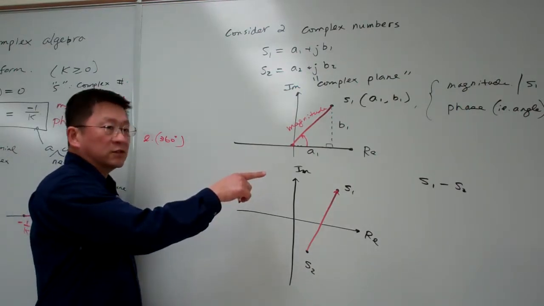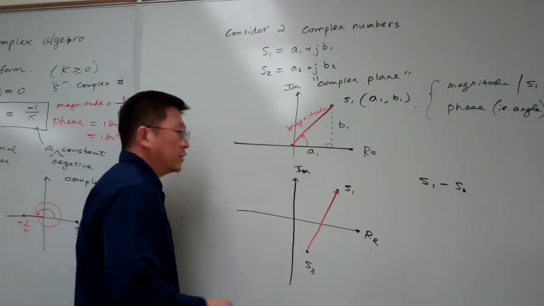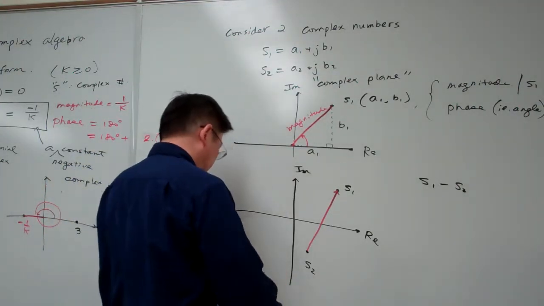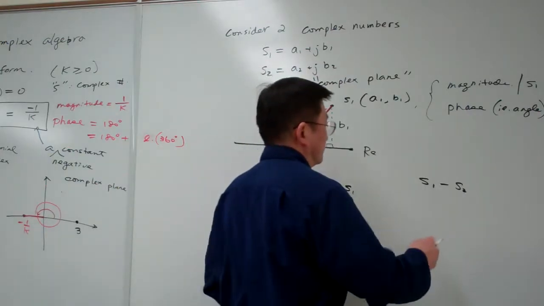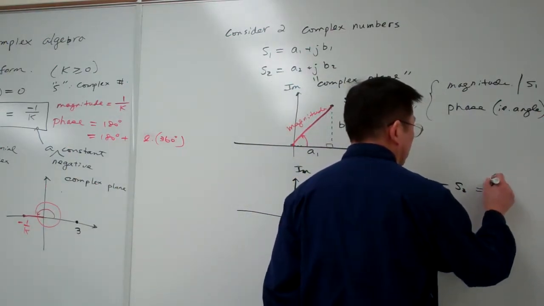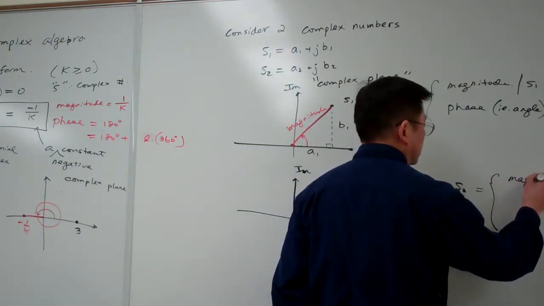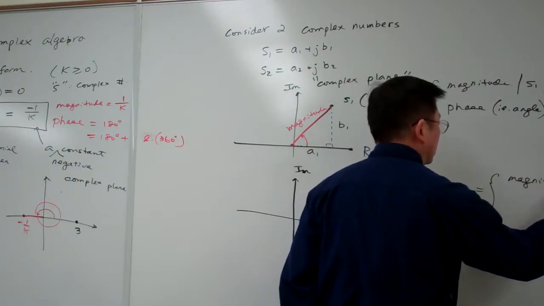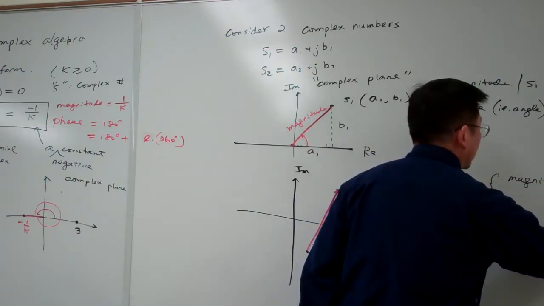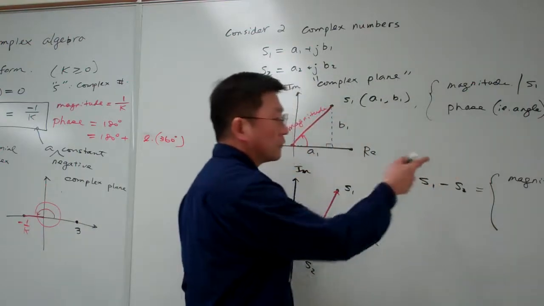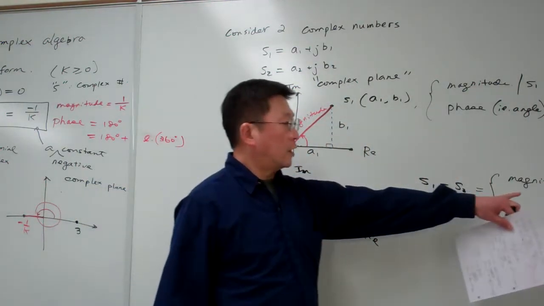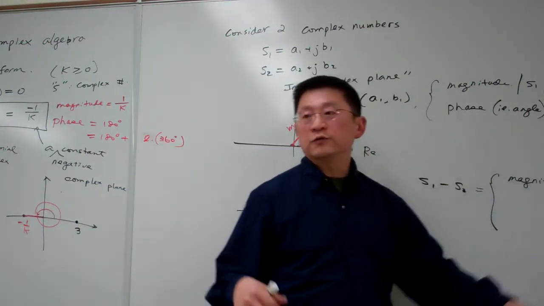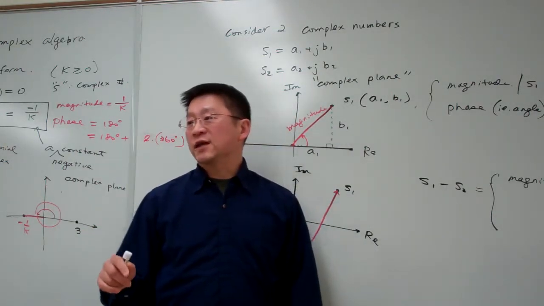The sense is important. Under these situations, the magnitude of S1 minus S2, and you can verify that the magnitude of S1 minus S2 equals the magnitude of S2 minus S1.